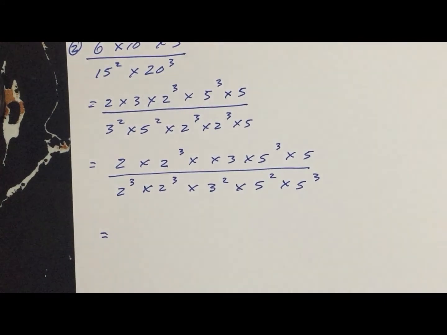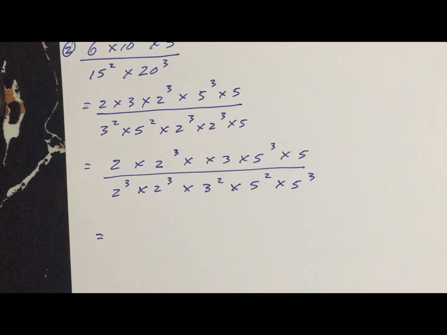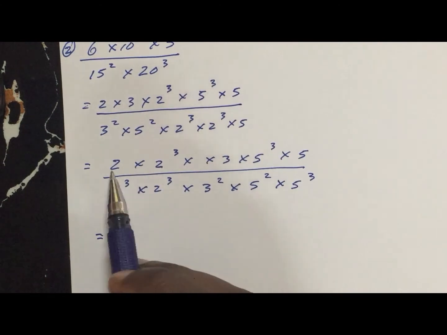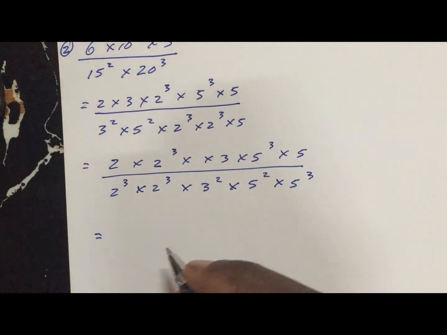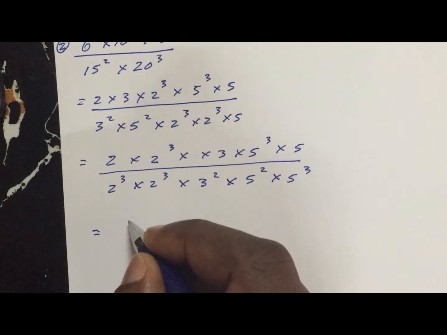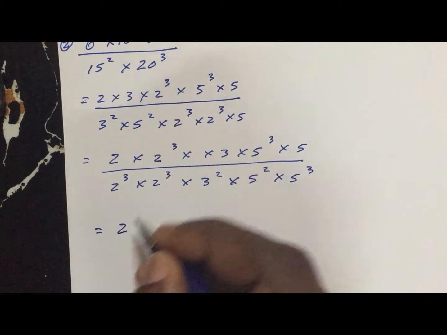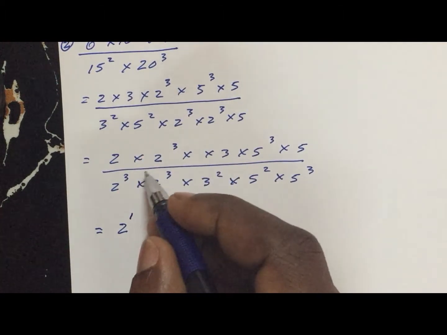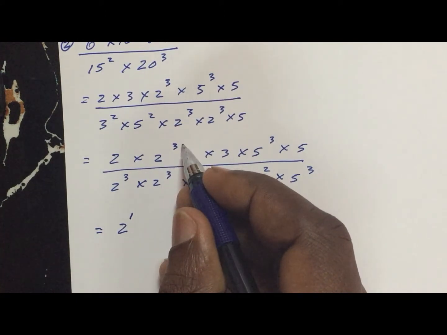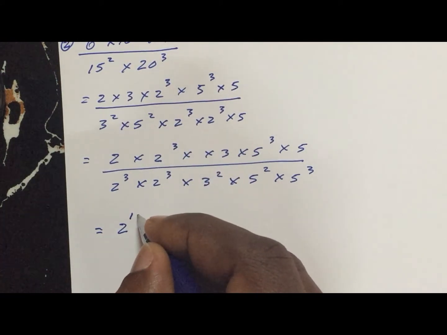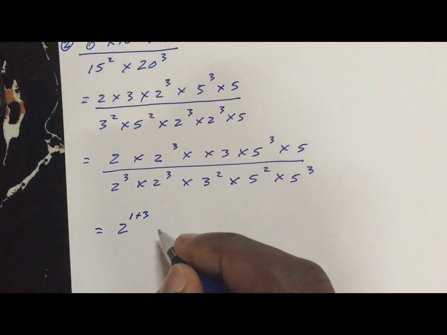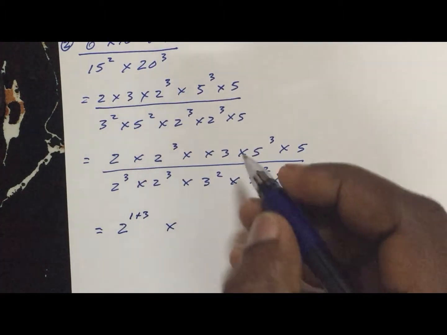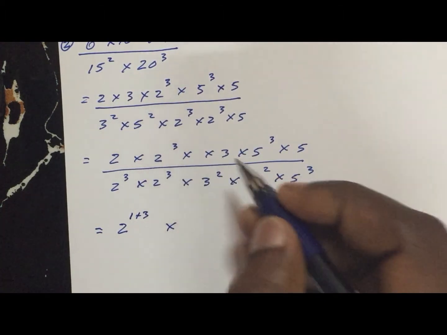So the next step would be to group all our bases. We have 2 to the 1 and 2 cubed, so that would be 1 plus 3, multiplied by our next 3.